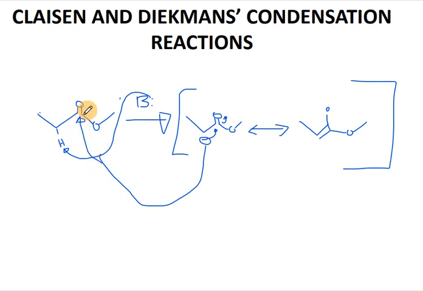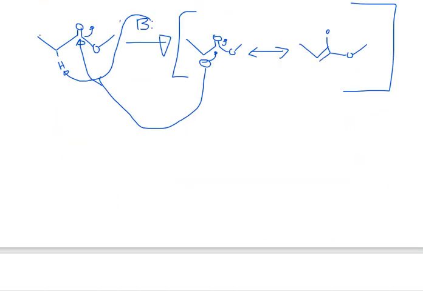When that happens, there's going to be a bond breaking, which will look like this. So how will a joining look like? Let's see how we can join these two compounds together. If you join this compound to this, we are going to have this intermediate being formed.